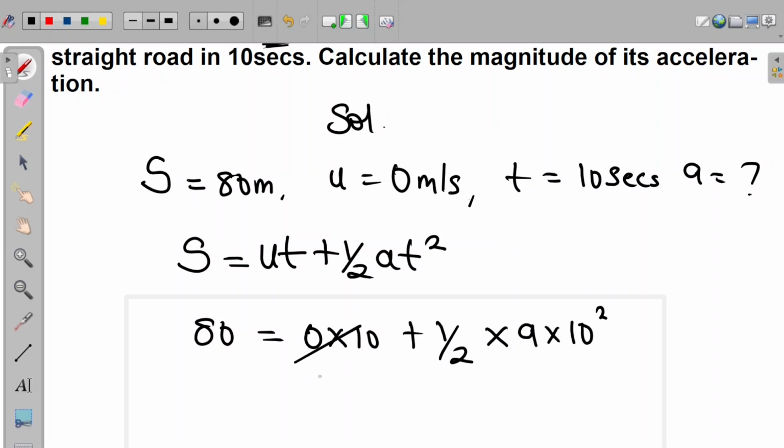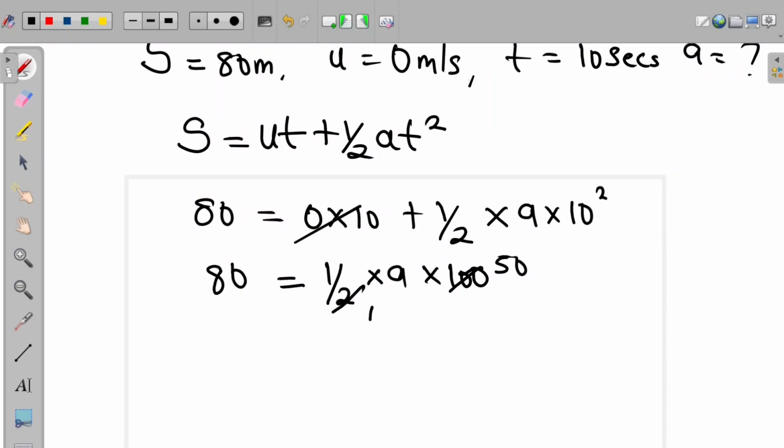So we're left with 80 equal to 1 divided by 2 multiplied by a times 100. So 2 cancels out itself, we have 1. 100 divided by 2, we have 50. So the equation reduces to 80 equal to 50a.